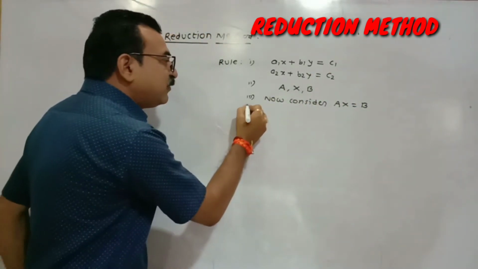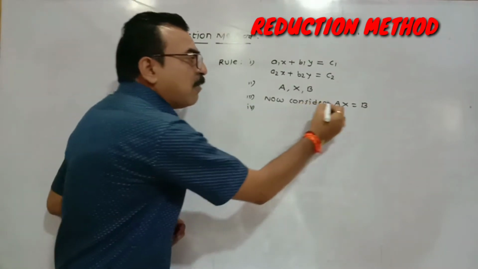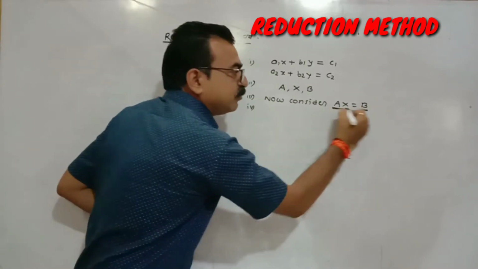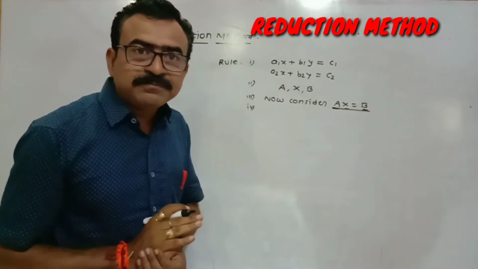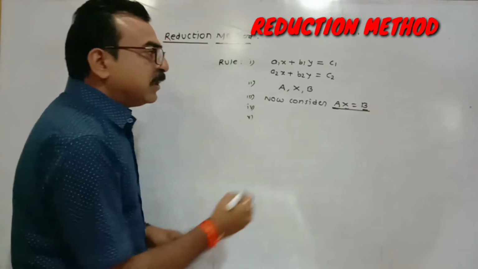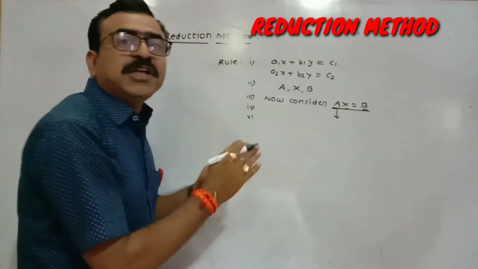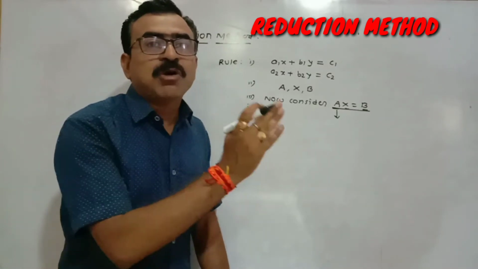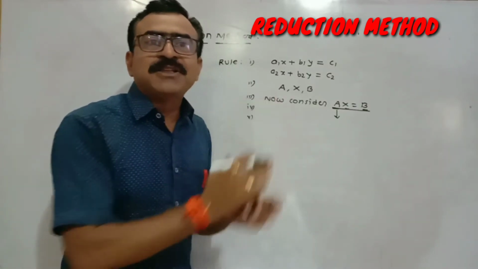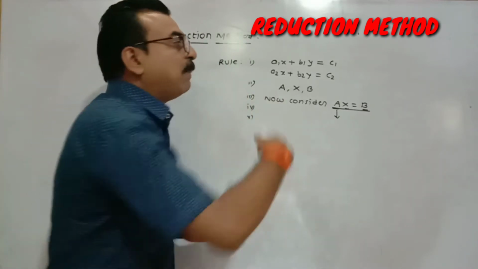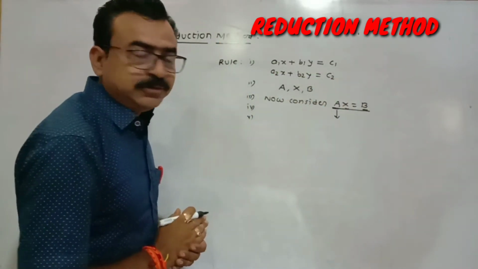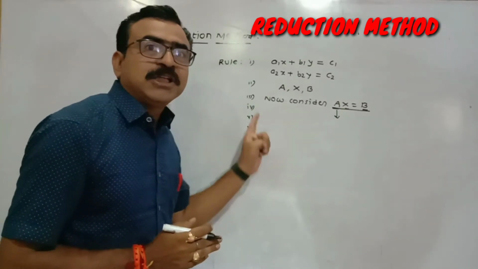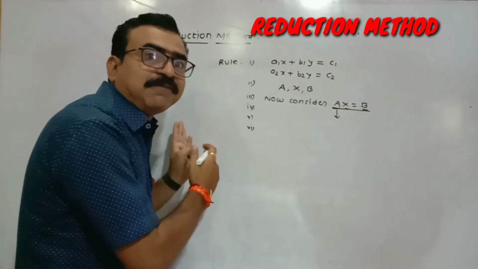Now your next rule is now substitute the value of matrix A, matrix X and matrix B in this form. Is that clear?